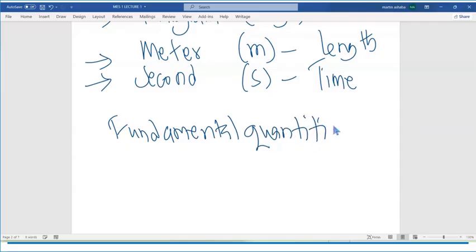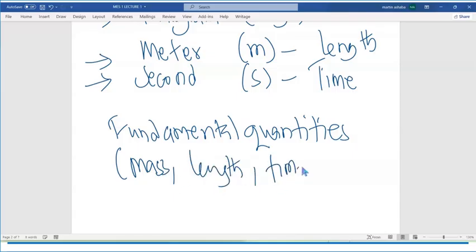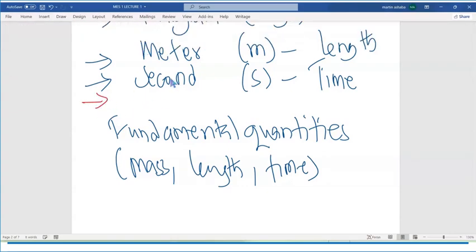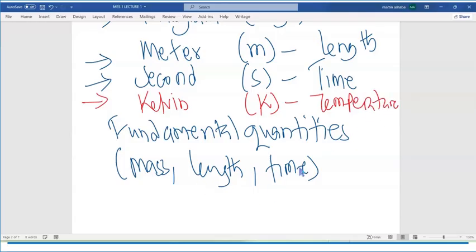But you will also learn, like in the mechanical and electrical field, let me first write this. We have mass, length, and time. So you'll find others like a Kelvin. This is K, and this is for temperature. Another one is current.